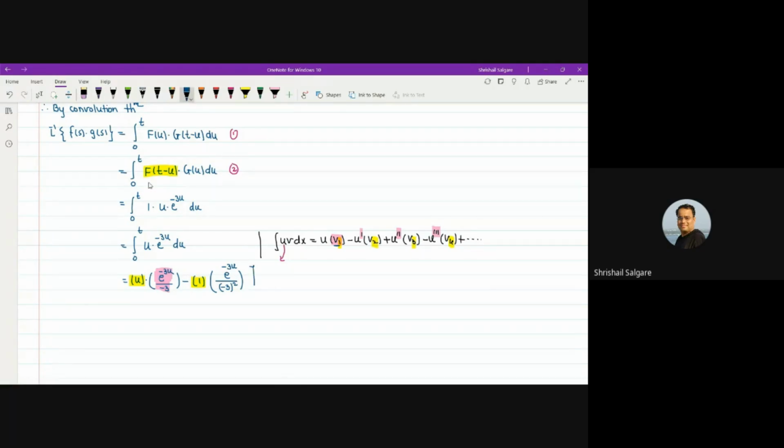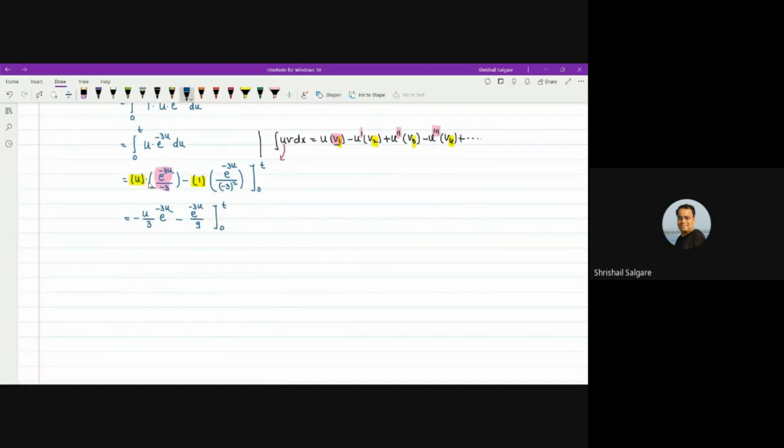And the limit of the integral is from 0 to t. Once again, first term is minus u by 3 into e to the power minus 3u minus e to the power minus 3u divided by 3 square, which is 9. Limits from 0 to t. If you substitute the upper limit, it becomes minus t by 3 e to the power minus 3t minus, correct me if I am wrong, e to the power minus 3t divided by 9.